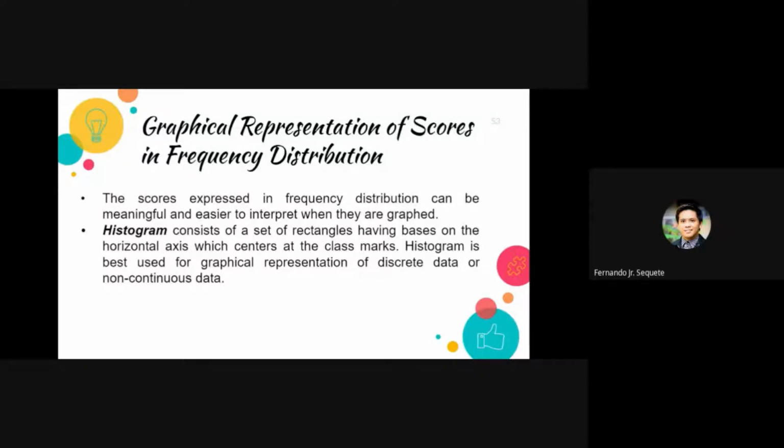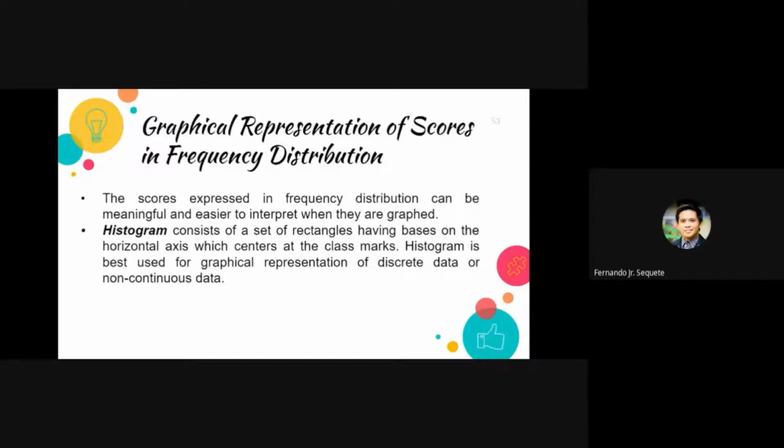When we say discrete data, what does it mean? Anybody? Counting, sir. Result of counting. Yes. So you have one, two, three, four. You have four books.